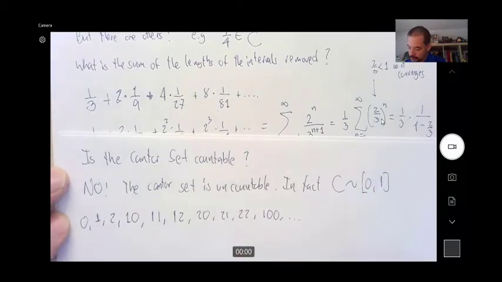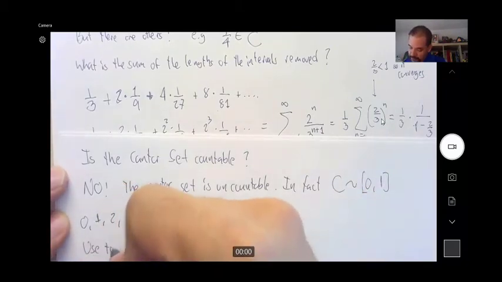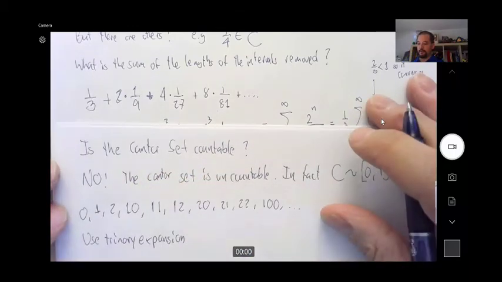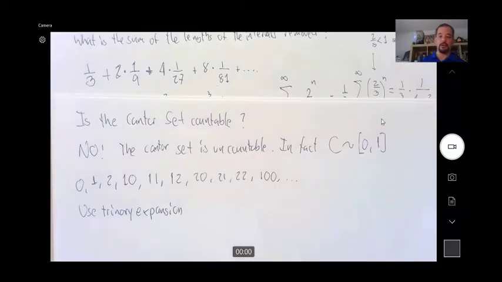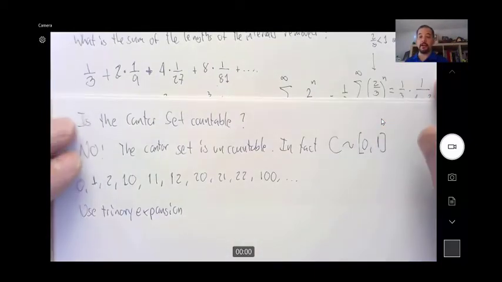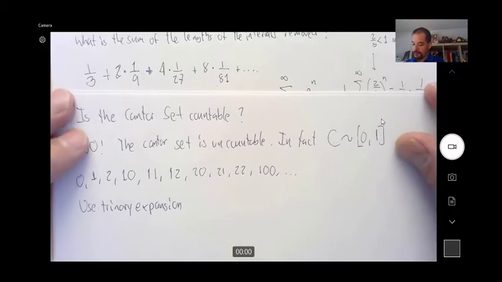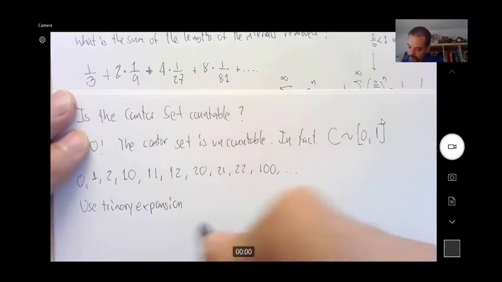So this is ternary expansion. You can write any number with its ternary expansion instead of its decimal expansion. For example, what is the ternary expansion of 1/3?